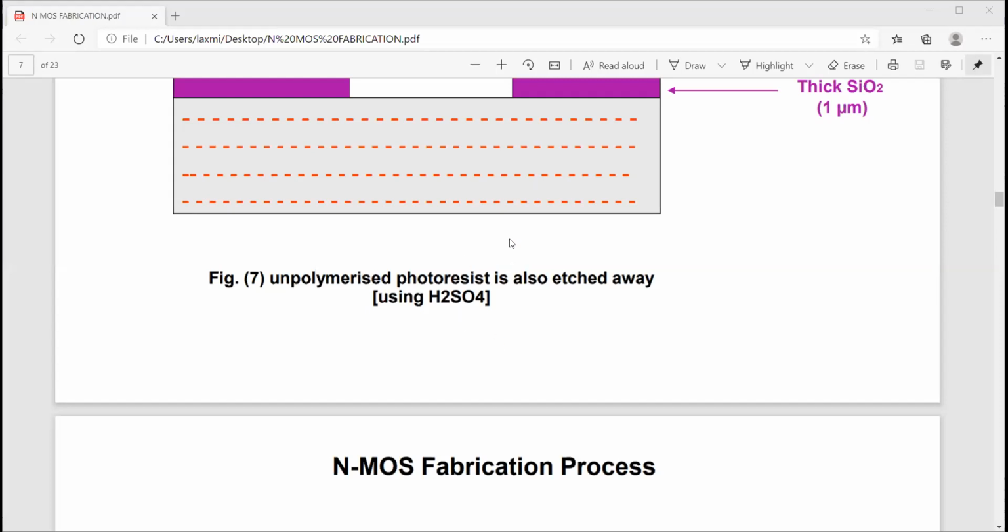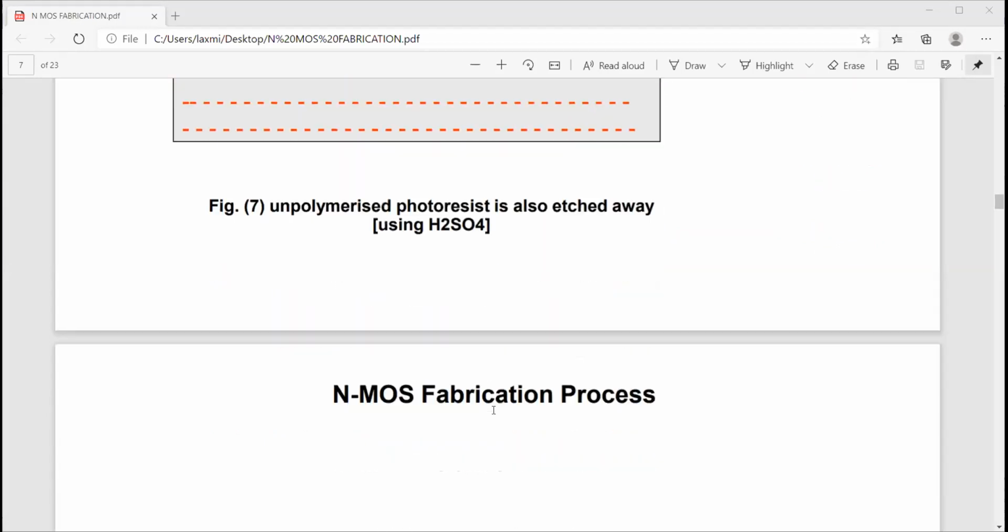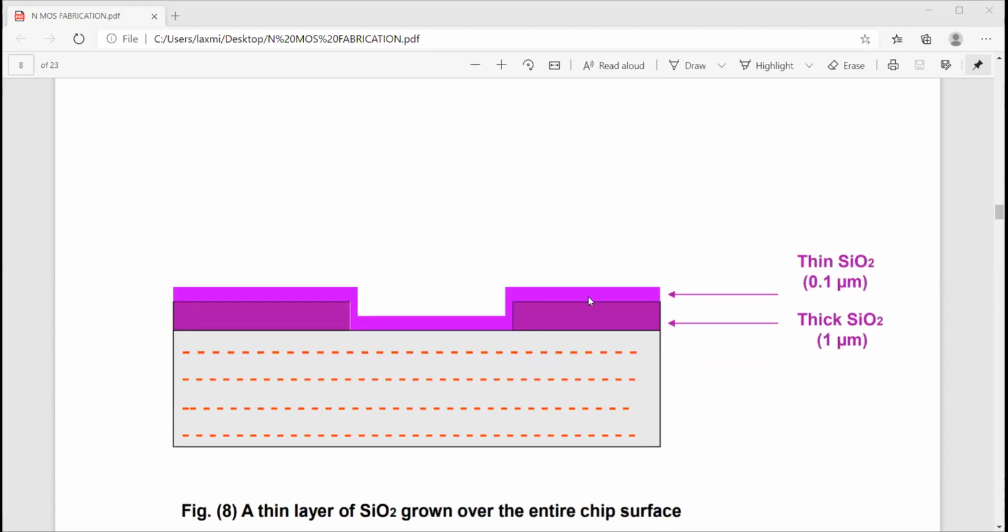Okay ma'am, to remove the photoresist we need to use H2SO4. To remove the silicon dioxide layer, we need to use HF acid. So ikkada em chesam, we removed. Ante why we were removing means we need to make it like a transistor, these are the steps. Finally when we go on, we can identify why we are removing.